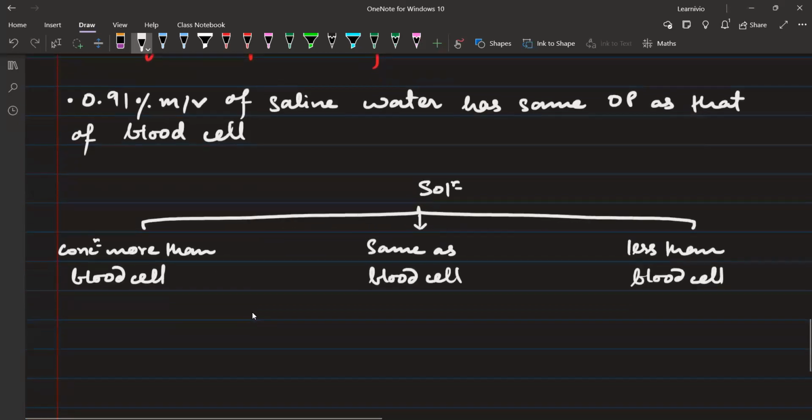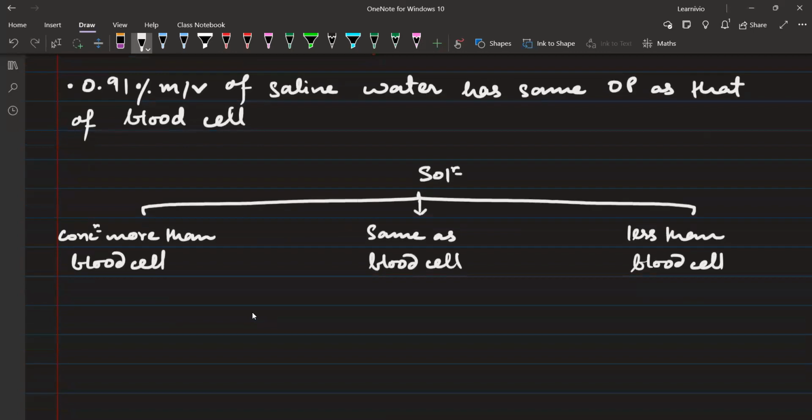If the concentration is more, the osmotic pressure is also more, so the osmotic pressure pi of solution will be greater than the osmotic pressure of RBC. This type of solution is known as a hypertonic solution.